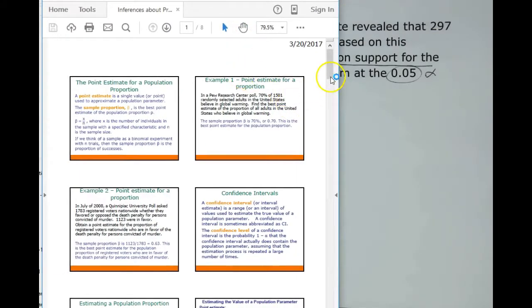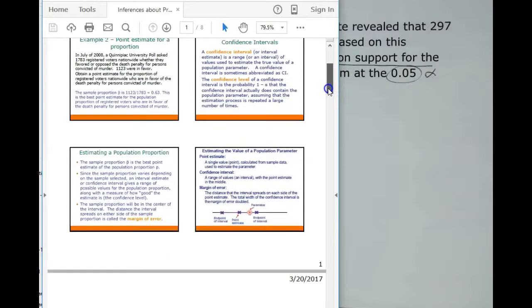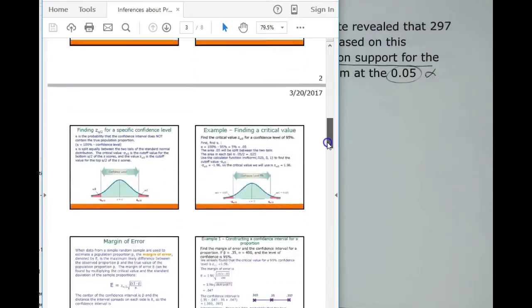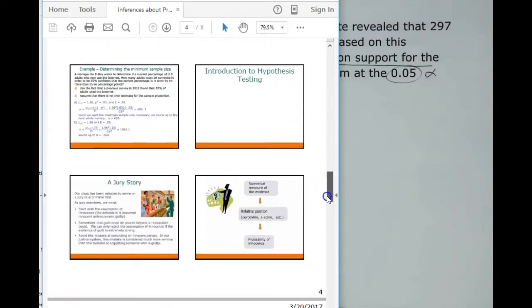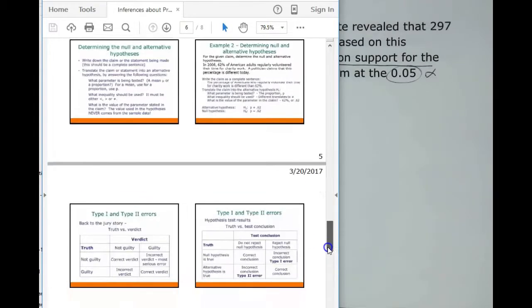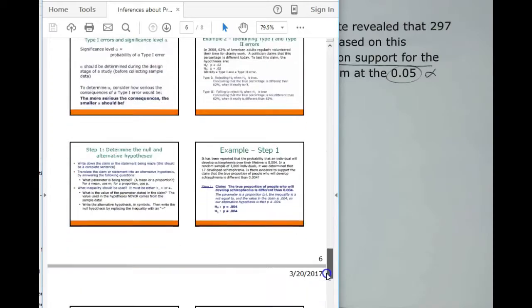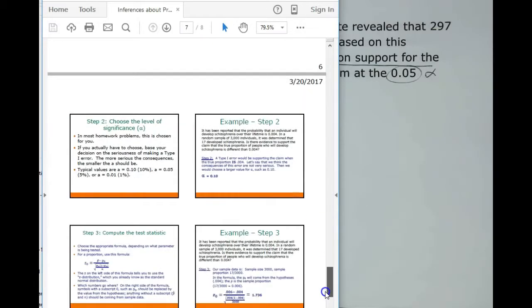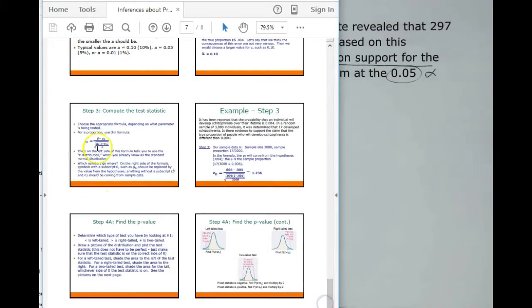Okay, so here I'm looking at my notes and going through until I get to the hypothesis tests, until I find where it has the formula for the test statistic. Okay, there it is.